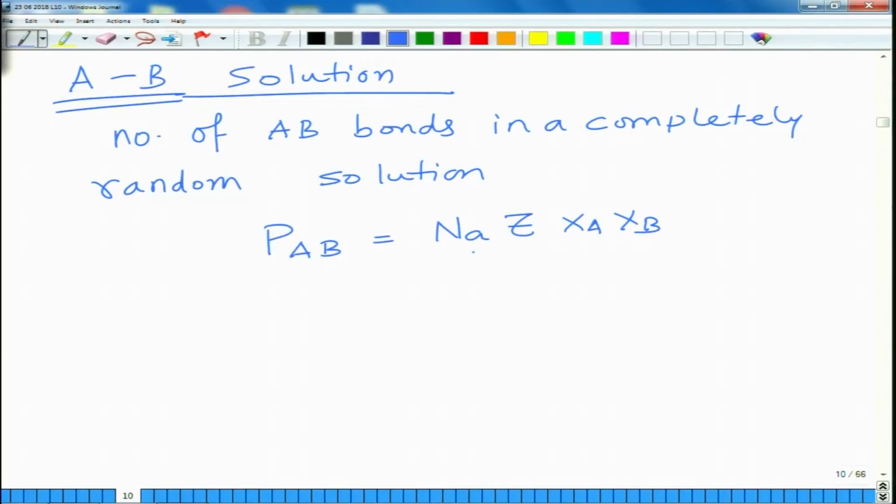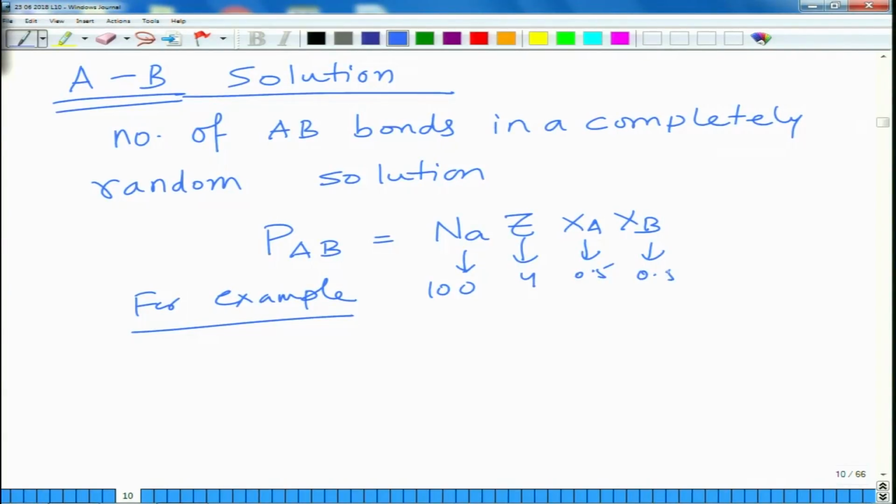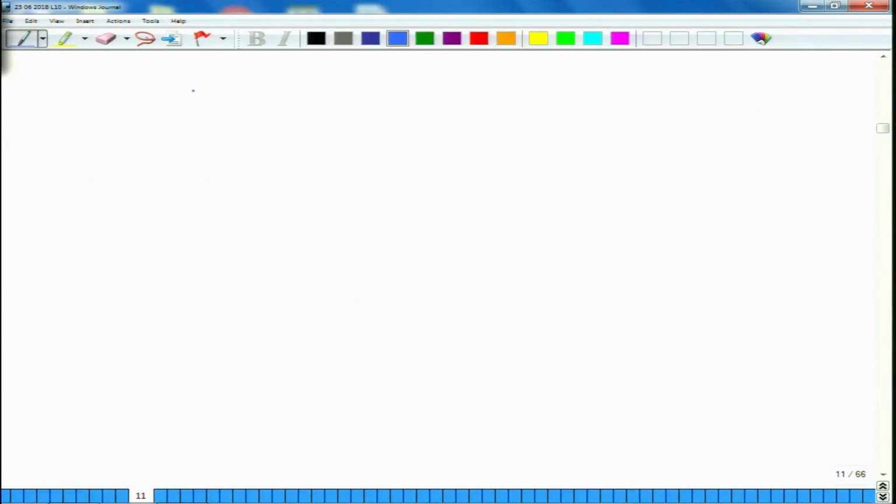Na is the Avogadro number, Z is the number of bonds per atom, Xa and Xb are atomic fractions. So, for example, if you have this as 100, this as 4, this as 0.5, this as 0.5, then PAB would be 100.